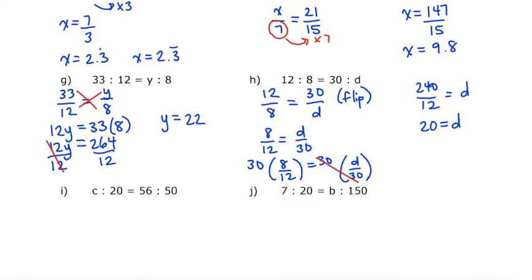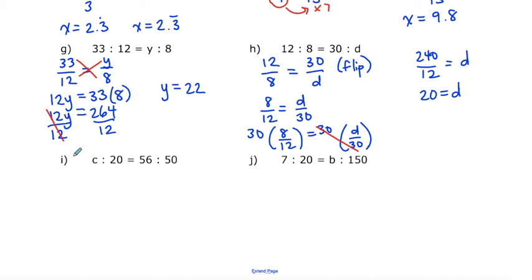And for the last two examples, we're again going to express this as a fraction instead of using colons. So C over 20 is equal to 56 over 50. I'm going to isolate for C to solve for this unknown value, and I'm going to do that by multiplying both sides by 20.